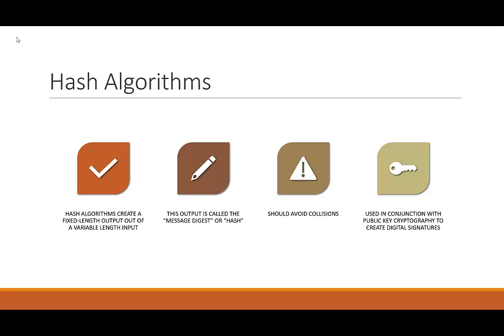The algorithm should avoid collisions. So what does collisions mean? A collision is when two different inputs end up having the same output. That can cause a problem, especially if you can control what the inputs are and get the same output, right?